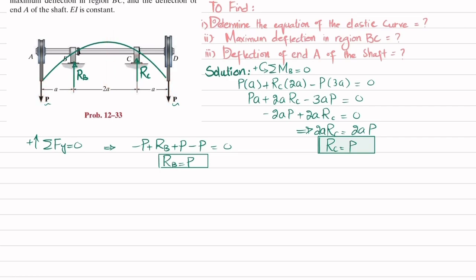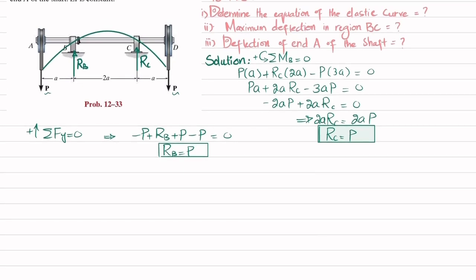Now we have RB and RC, so we know that the equation of slope and deflection can be found by using the formula EI into d square v over dx square is equal to the moment.